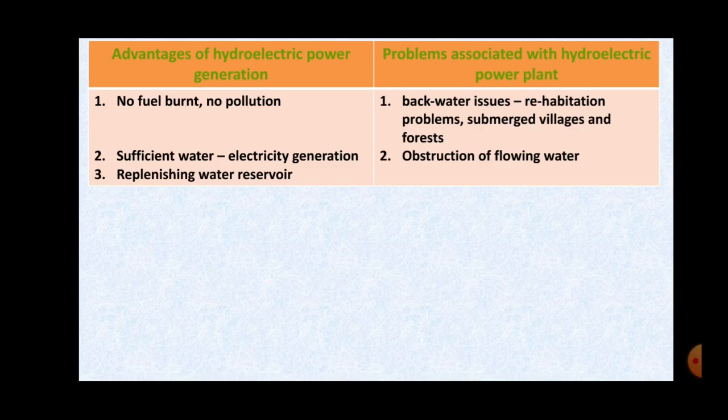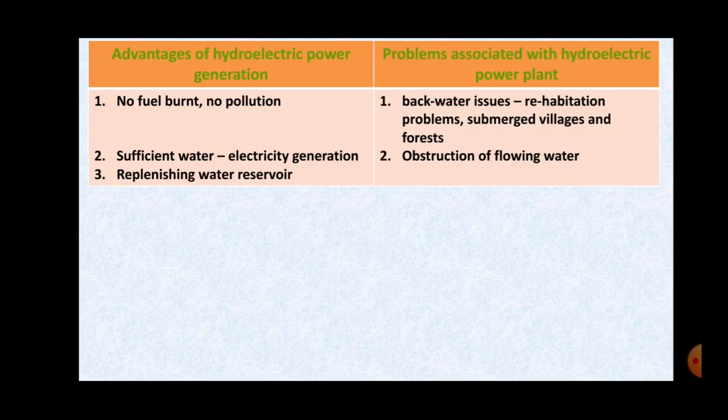Now, as students, you know that every coin has two sides. We had seen in the earlier power plants that there are certain disadvantages because different types of fuels are used, like coal is burnt, natural gas is used, then radioactive elements are used. So fuel is used in one form or another, and when fuels burn, they create pollution.